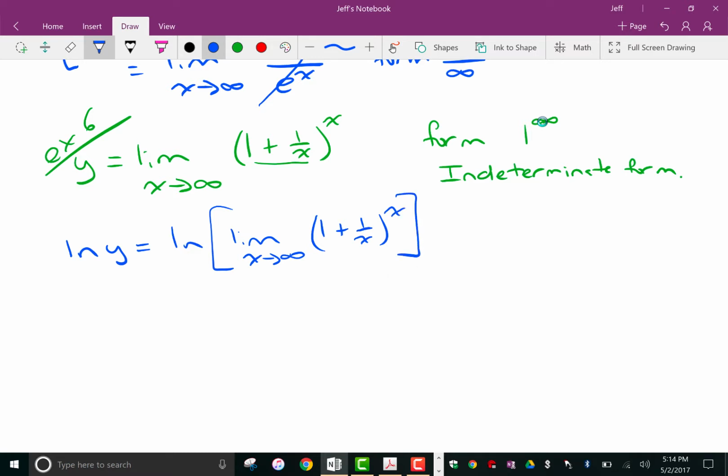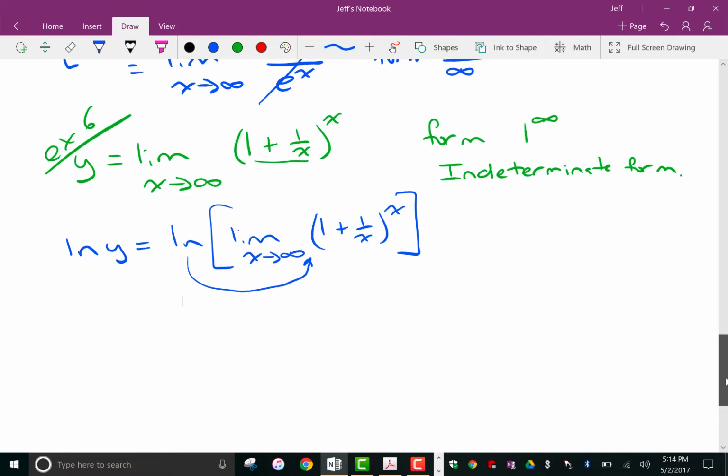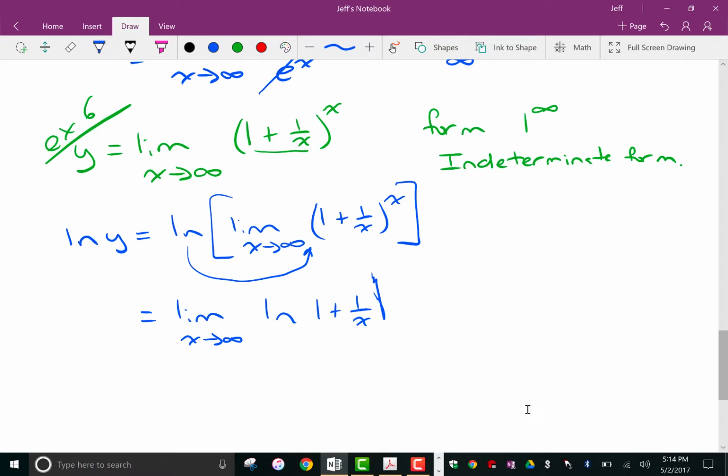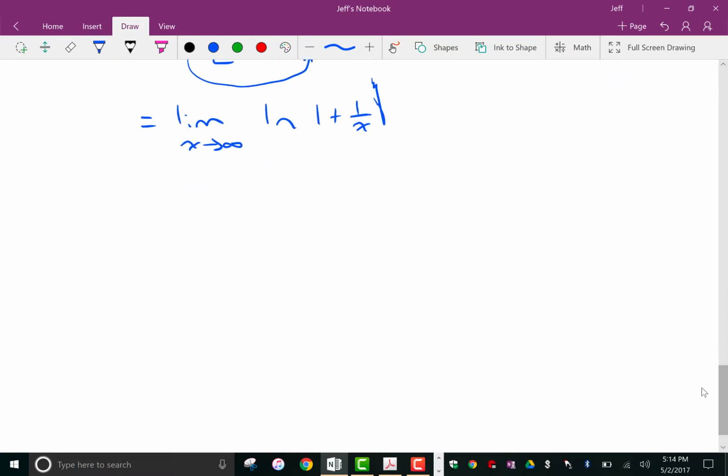Let me do a little bit of algebra here. I have not used L'Hopital's rule. The limit can be moved outside, or I can think of the natural log being moved inside. So this will be equal to the limit as x approaches infinity of the natural log of 1 plus 1 over x, all raised to the x power.